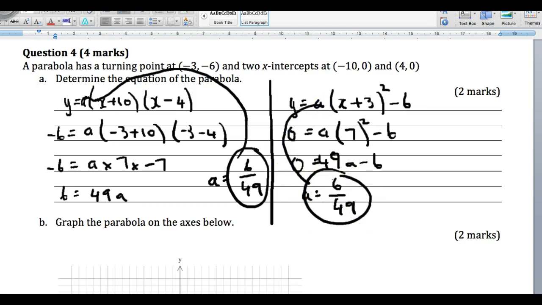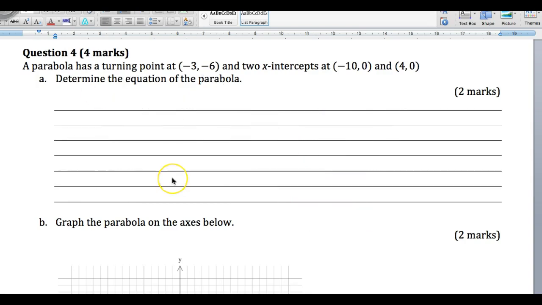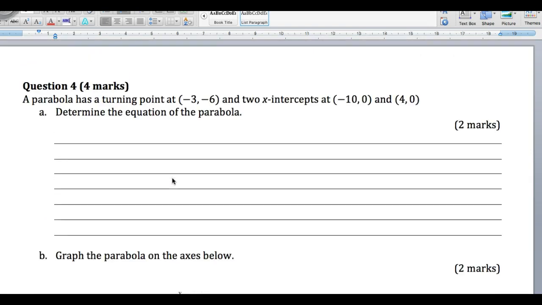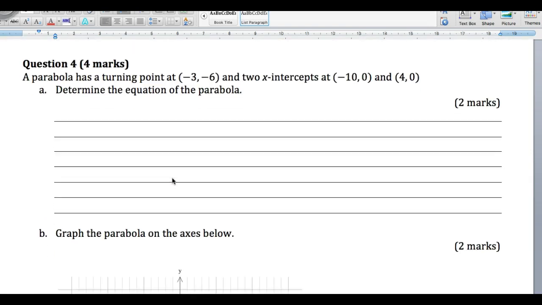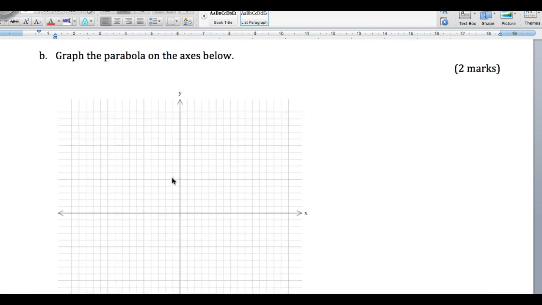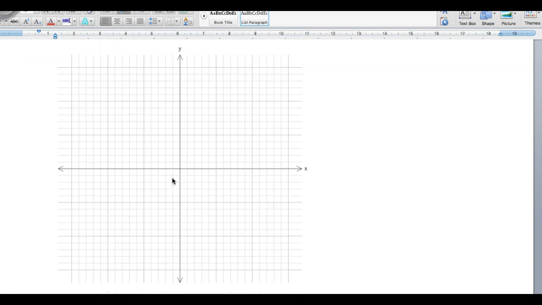Okay, so when we're graphing, I hope you're still with me. So let's just plot those points. So -10 and 4. I go up by 5, so -10 and 4, and the other one was -3, wasn't it? -3 and -6.